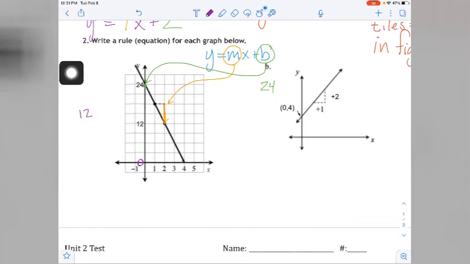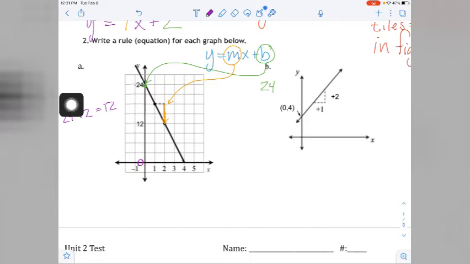So if I wanted to figure that out, I would do 12. I know that the distance between these is 12, right? I can do 24 minus 12, which is 12. So it means that these are 12 apart from each other. Okay, so that means that this distance here is 12, and it also means that this distance here is also 12.